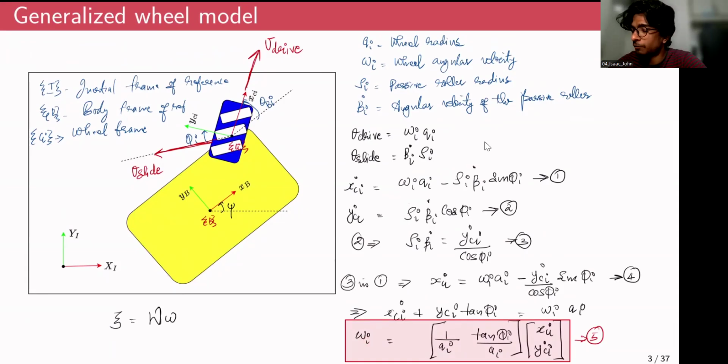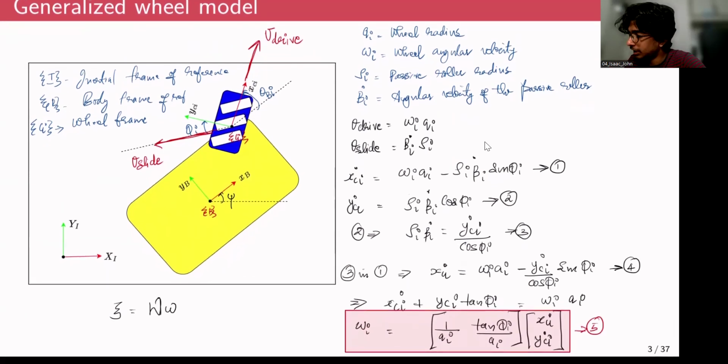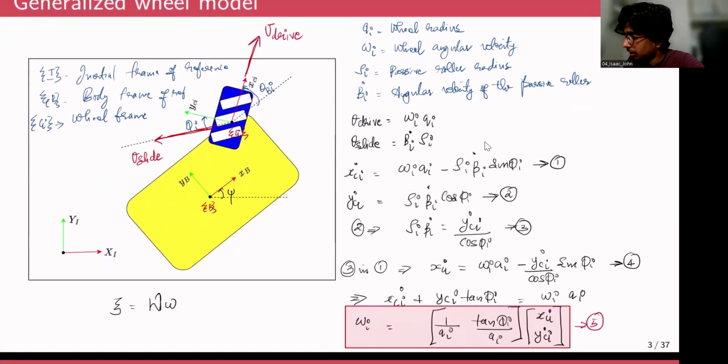Now how would you further expand from this? You have actually obtained a relationship for omega I with respect to the frame of reference XCI and YCI. As you can see, the values XCI dot and YCI dot are represented with respect to the CI frame of reference.